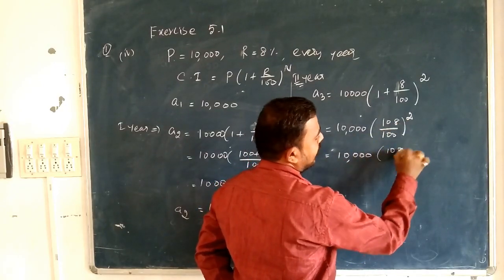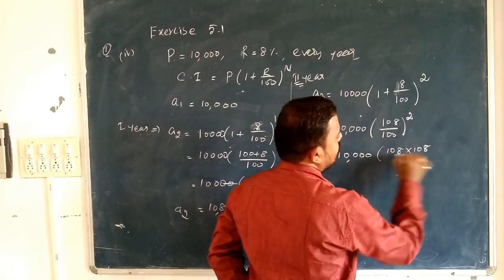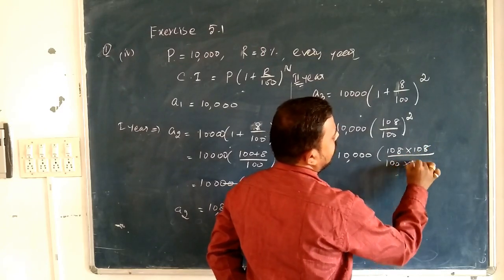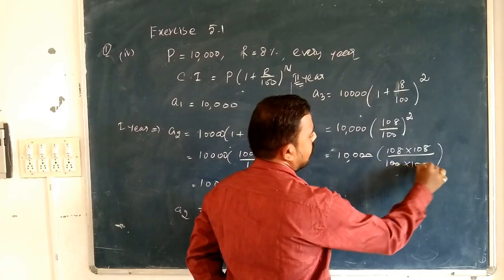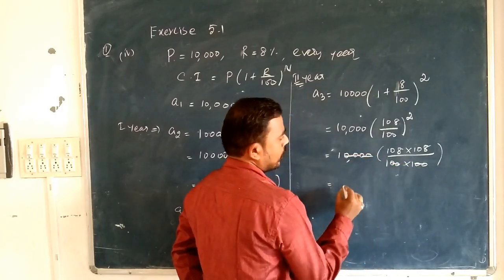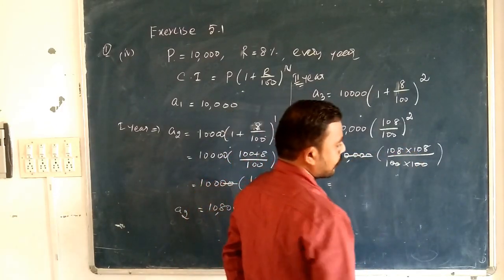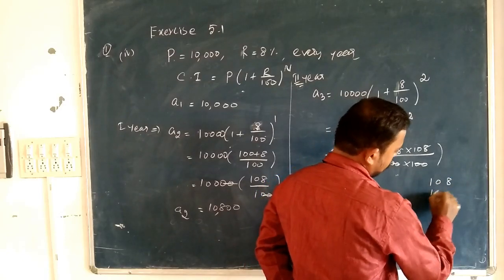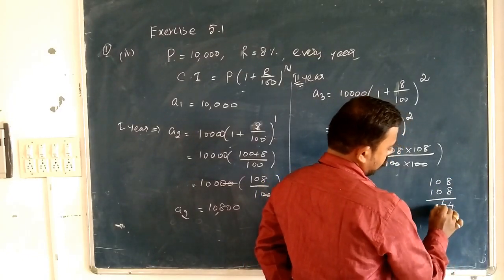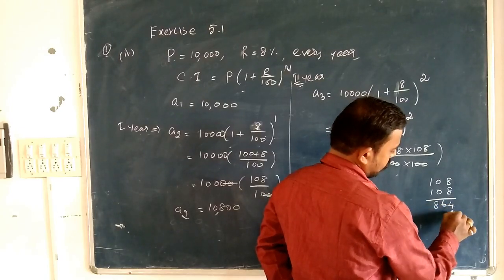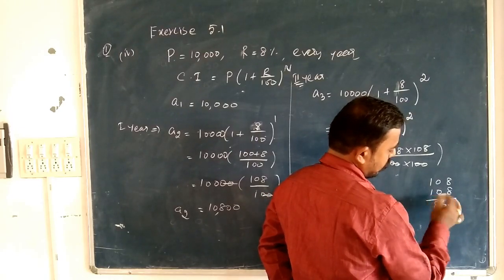So 108 into 108 divided by 100 into 100. Cancelling the two zeros after the two zeros, it equals 108 into 108.